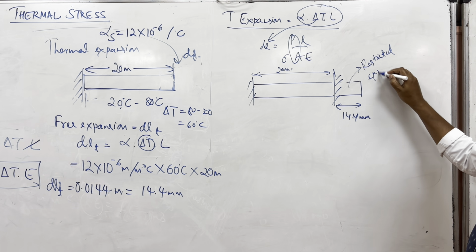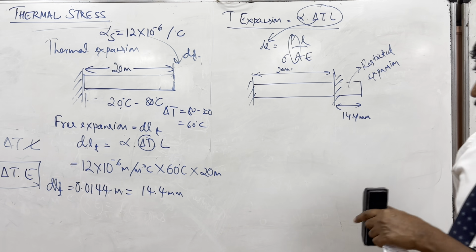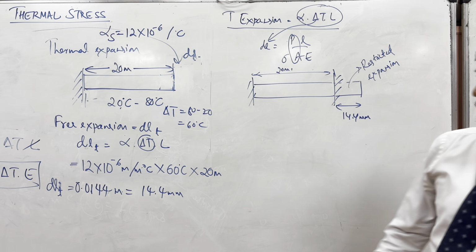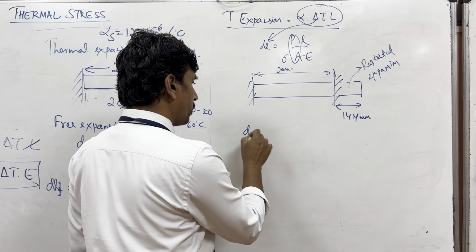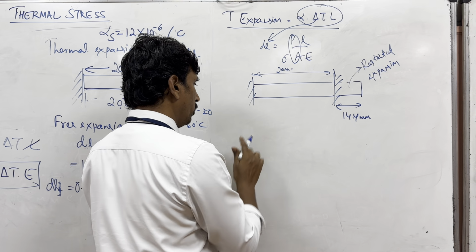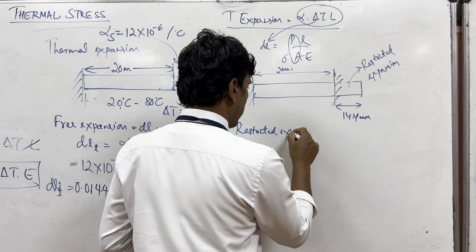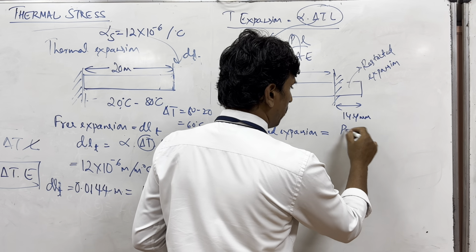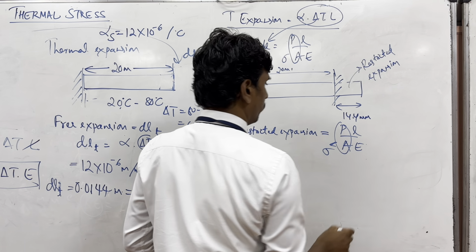If you restrict the expansion, then there will be stress. This restricted expansion has to be substituted into sigma L by E, which is PL by AE, written as sigma.